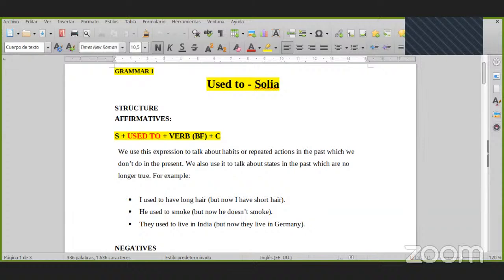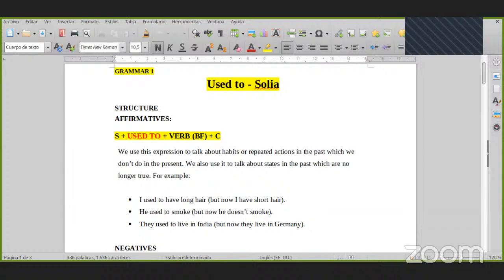For example, in Spanish, "yo solía jugar voleibol, pero ahora ya no juego." Or it could be the opposite. For example, "yo no solía tomar café, pero ahora tomo mucho café." So these are habits that change comparing the past and the present.